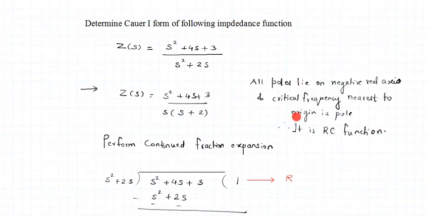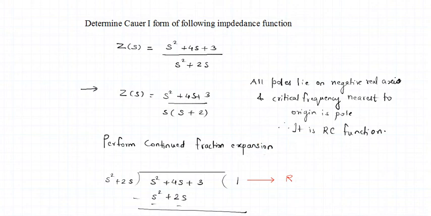So this analysis is very, very important before we perform the continued fraction expansion. Identify to which category the function belongs. Once you identify the category, then you start with the mathematics behind it, which is the continued fraction expansion.